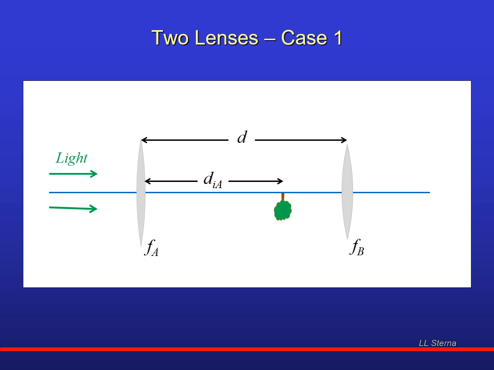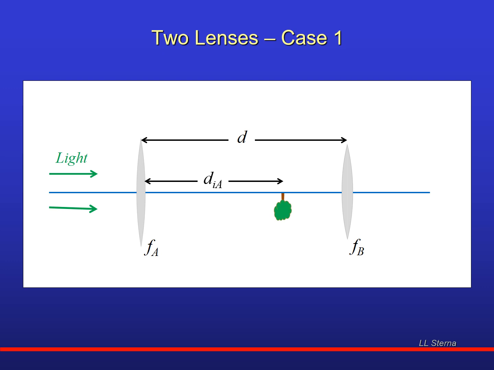I'm going to call it d sub I A, the distance of the image from lens A. Now this image from A becomes the object for B. That little tree is the image of the first lens, the object for the second lens.